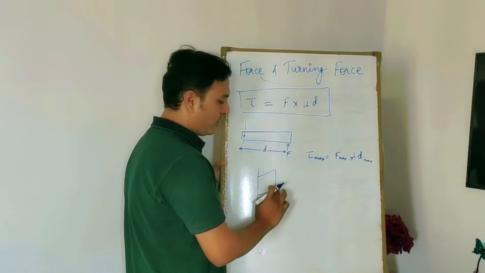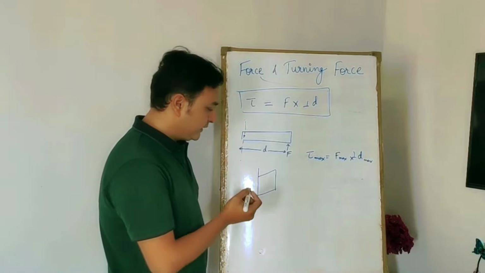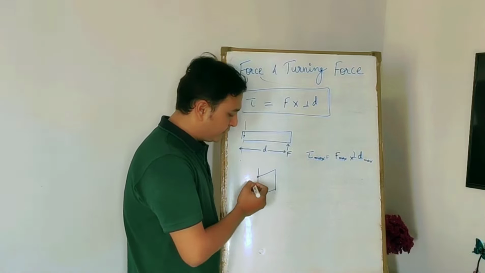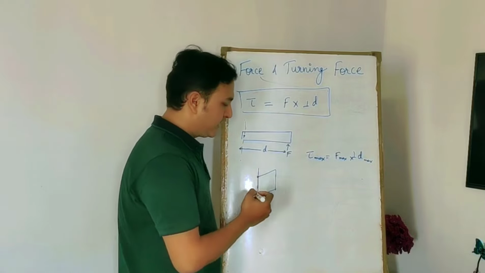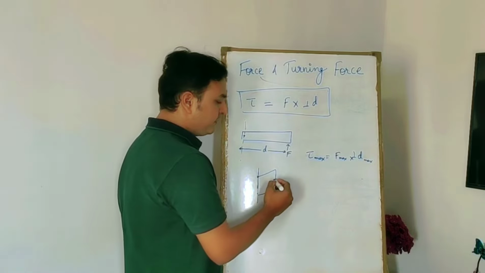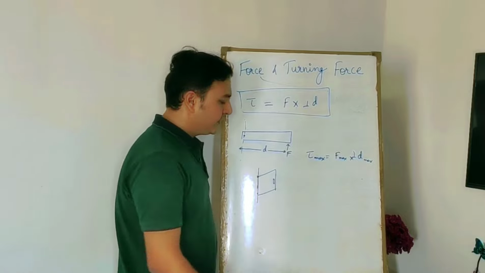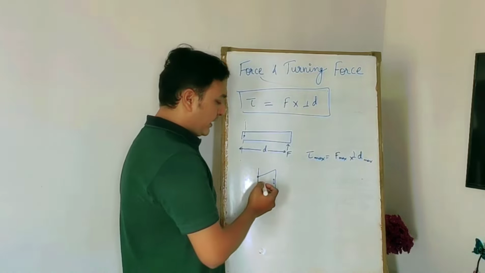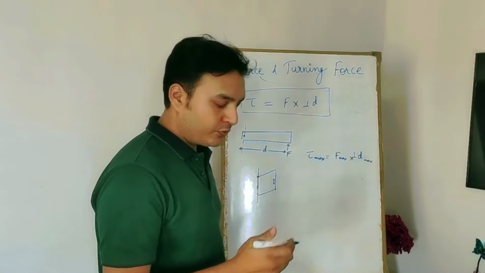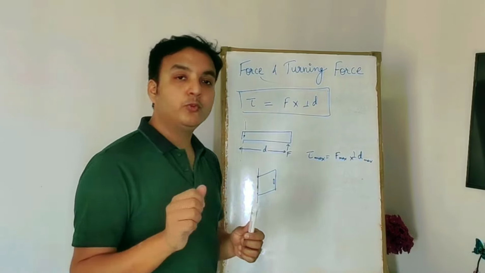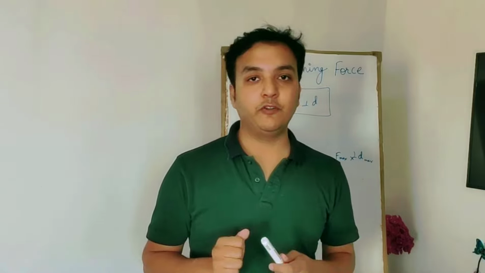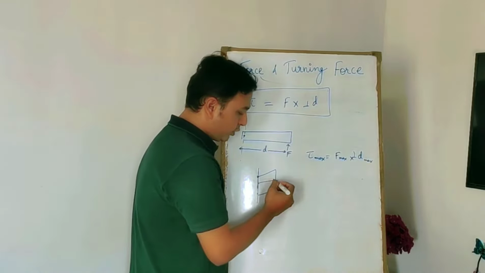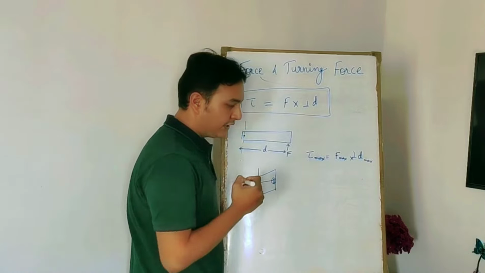This hinged part is known as the pivoted part, and the applied force is on the handle of the door. So whenever we want to move the door, we apply maximum torque by applying maximum force over here.